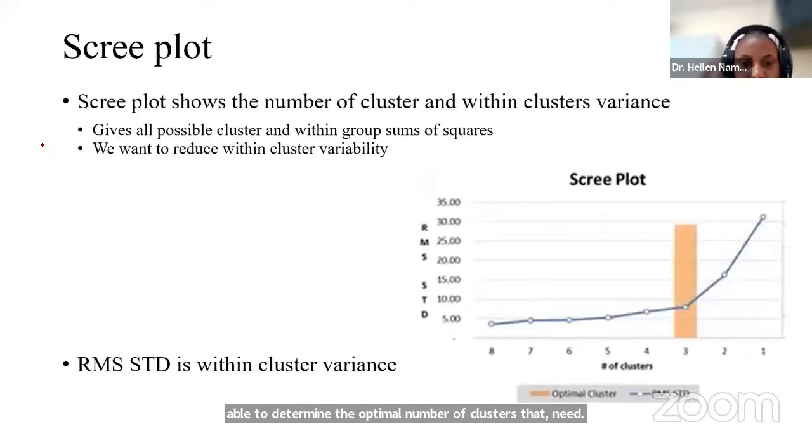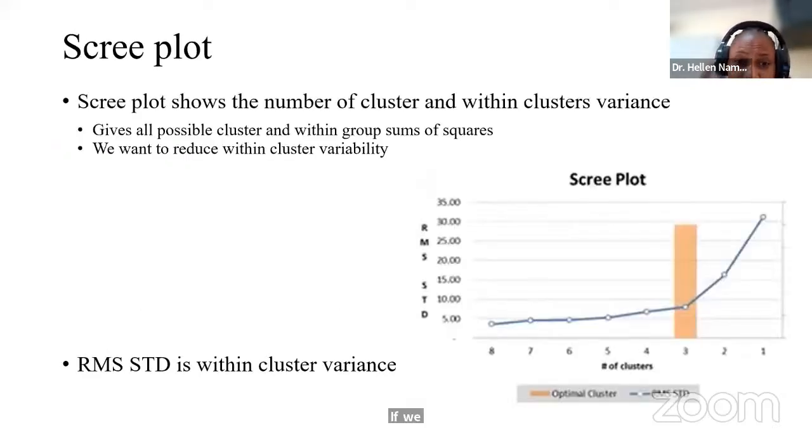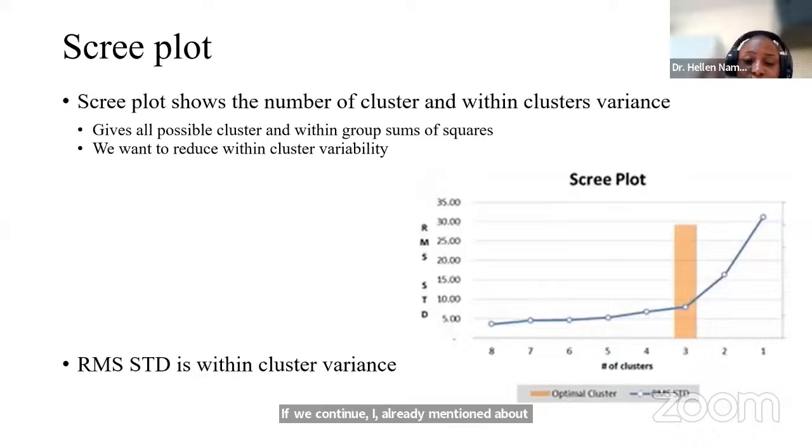If we continue further, I've already mentioned the scree plot. What it does most of the time, like my colleagues have been elaborating in the past days, is give us all the possible clusters and the within group sum of squares. On my x-axis, I have the number of clusters, for example 8 clusters, 7, down to 4, and then up to 1.